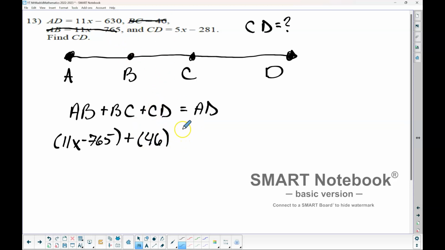Actually, sorry, they give us CD. Plus CD. They want the exact value, not the algebraic expression. So CD is 5x minus 281. We use that. And AD is 11x minus 630.